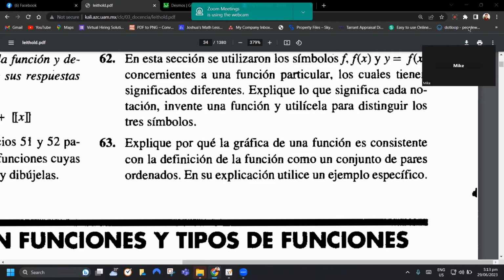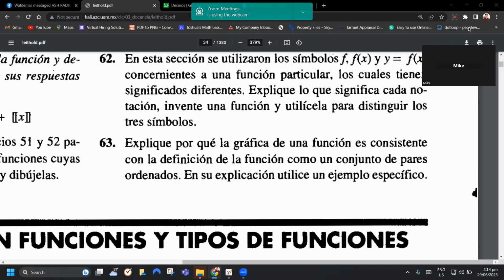So, for example, x squared plus y squared equals 25.